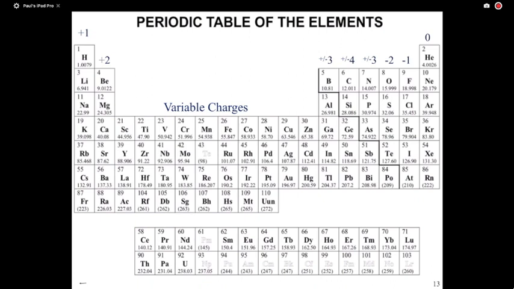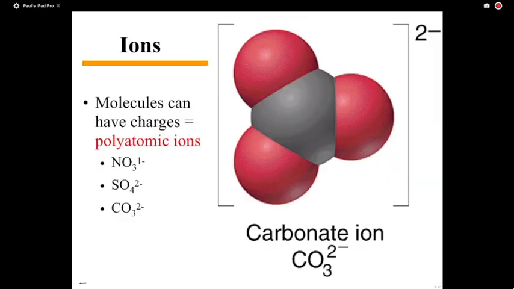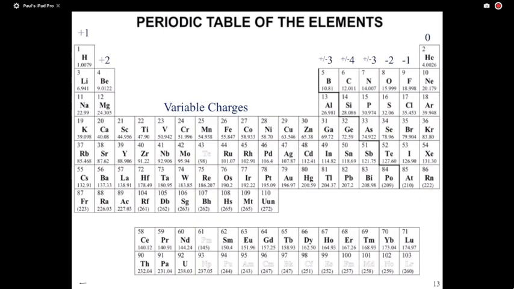The periodic table can be used for a lot of things, but remember, who are the ones that don't follow the rules? Transition metals. And so transition metals have what are called variable charges, meaning that this group has the possibility of having more than one charge.